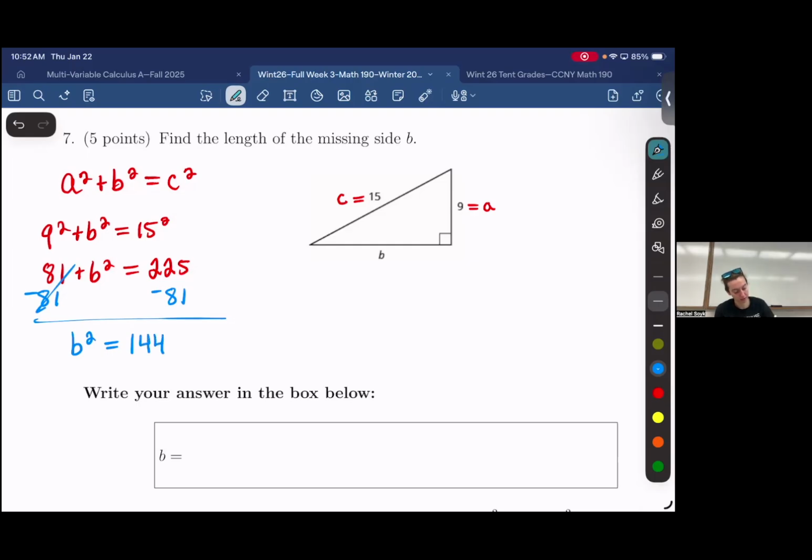Good. And now we're going to take the square root of both sides. And so we get our B value to be 12. We're talking about triangles, so the side length of a triangle is going to be positive. And that's it. That was question 7.